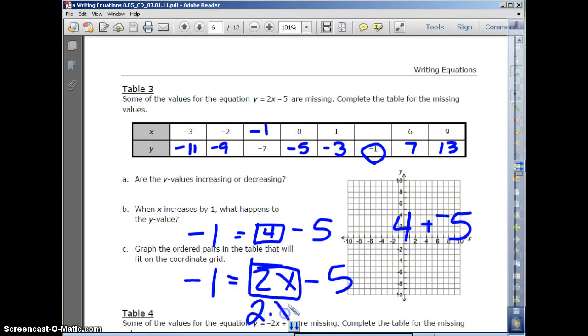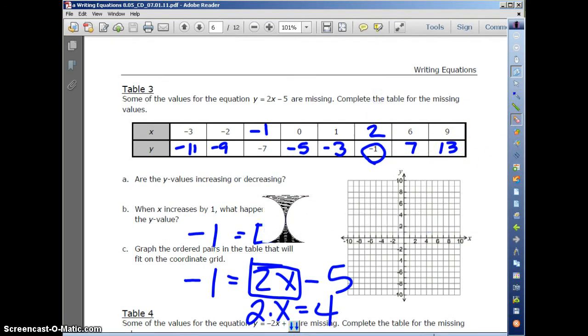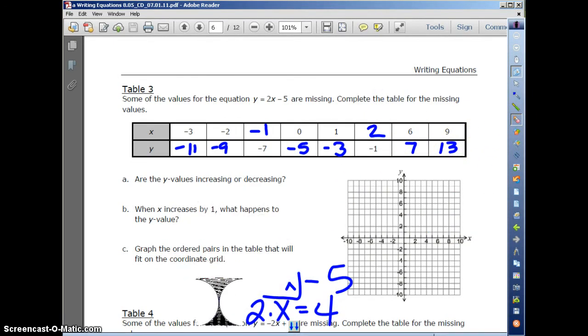I know 2 times some number has to equal 4, and that number has to be what? 2. And it follows the pattern. Increase by 1, increase by 1, increase by 1. Whoops, what happened here? Yeah, you got to watch out for that, because here they're not following the pattern. But anyway, we've got our table filled out, and now we can answer all these questions.